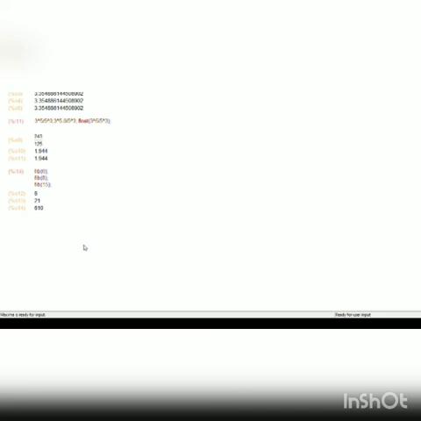Either you can use bfloat. Yes, bfloat of 0.0001. Powers of 10. Otherwise, you can give simply something else.